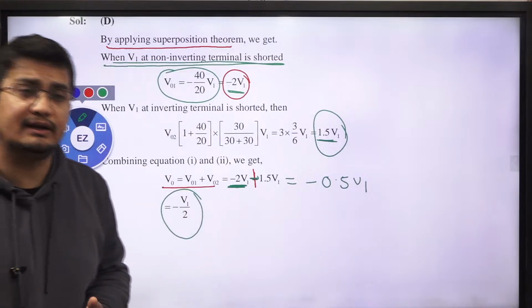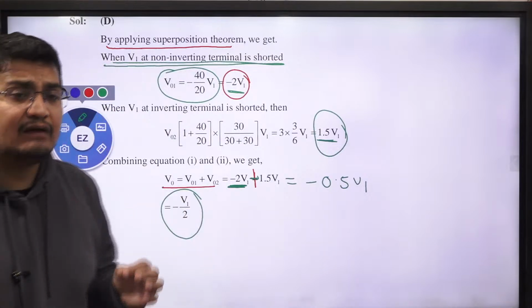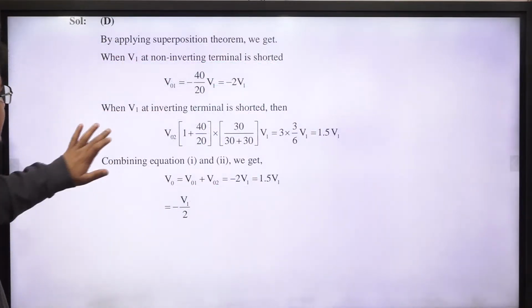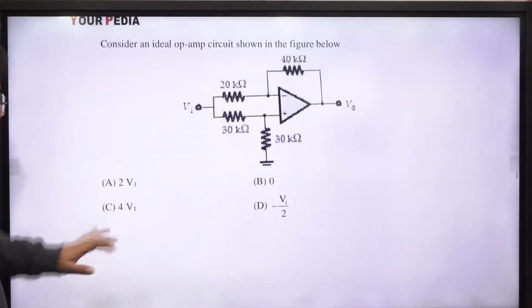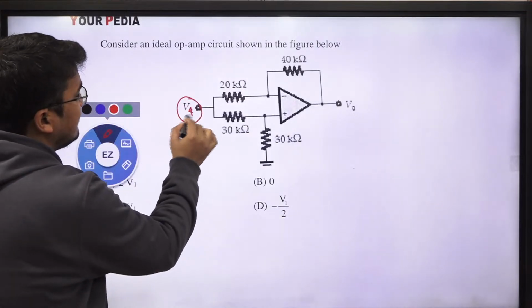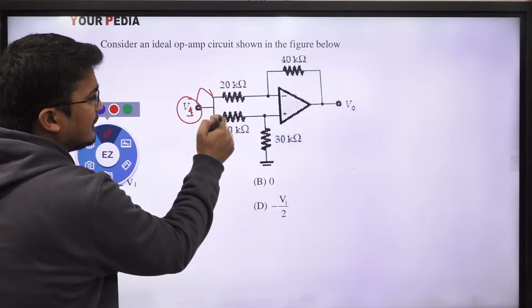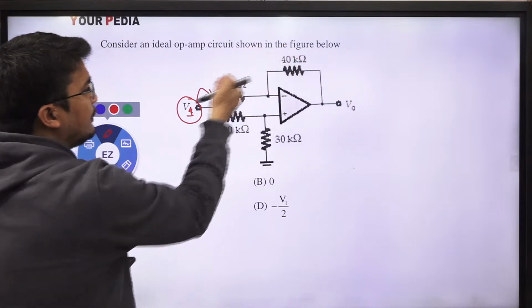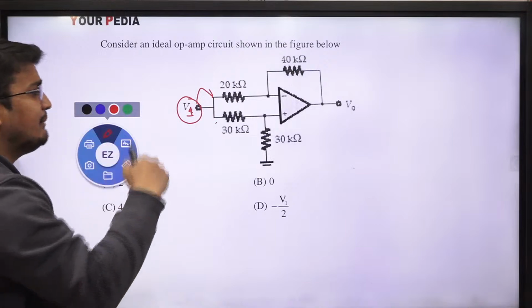I hope you all understand the problem. See, I haven't done anything new. The input was being applied to both terminals, V1. First I considered it here only and grounded this one. So obviously the output voltage will be minus of 40 upon 20 into V1, so I will get minus 2V1.